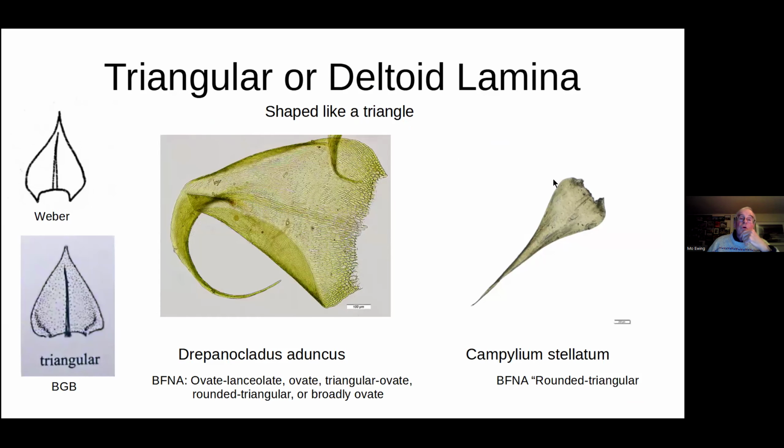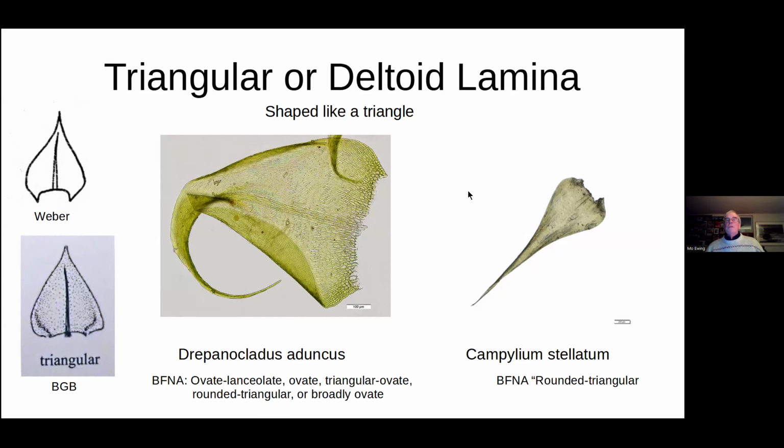Triangular or deltoid is shaped like a triangle, so that's pretty easy. I had a really hard time finding a really good example of that, like Trypanoscletus, because this is clearly shaped like a triangle.